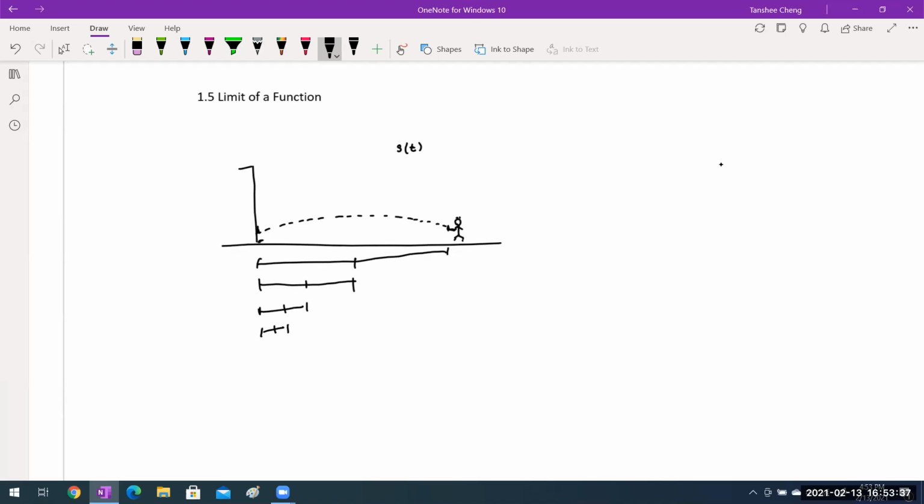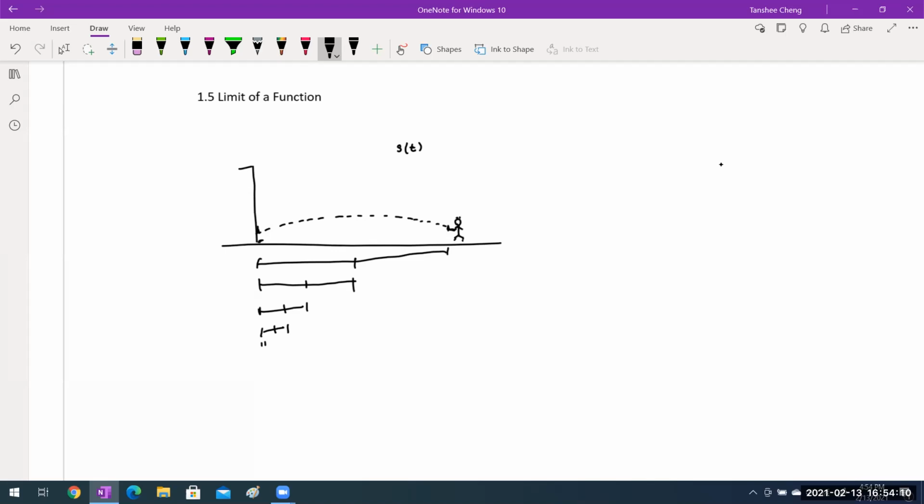Notice there are infinitely many midpoints that we can talk about. Would there be an end to it? The answer is no, because between any two distances, I can always talk about the midpoint, and then from that midpoint to the end, I can talk about the midpoint again. So that illustrates the idea of the limit.